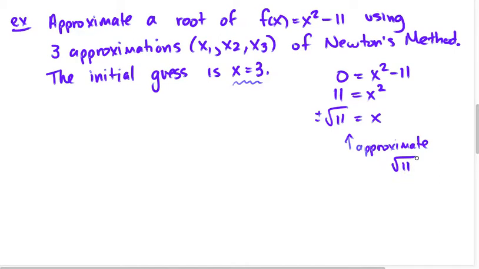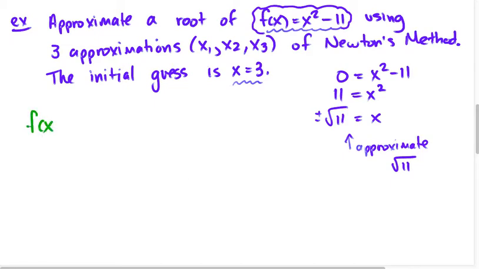So you can set up these initial functions so that they can approximate square roots or cube roots or different types of roots for you as well. Anyway, let's go back to Newton's method of doing those iterations and see if we can come up with a solution for this.